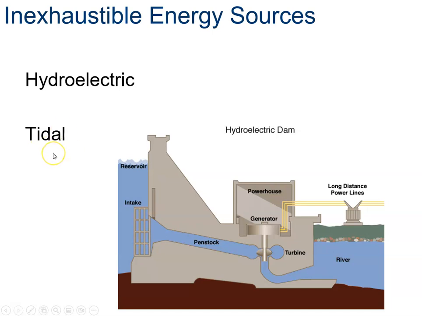Also, another one they're doing is wave and current. In the ocean, there's ocean currents that never stop, and so they've started doing current, where they just put turbines down there and anchor them in the ocean, and as the current flows through the turbine, it turns the turbine, therefore generating power. And then wave.